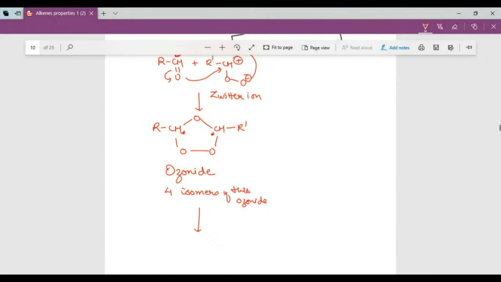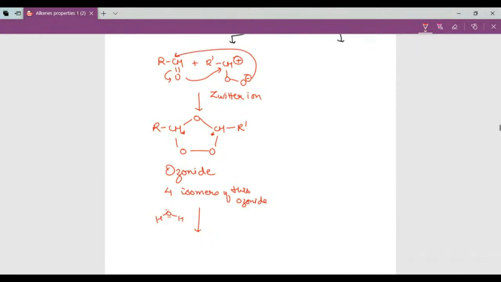This ozonide, now with the help of any electron-dense system, it could be H2O2, it could be H2O, which is the common mist, or you can use Me2S, or PPh3, or some tertiary amine, etc. Any. What they will do is break this peroxy linkage, this cyclic one.